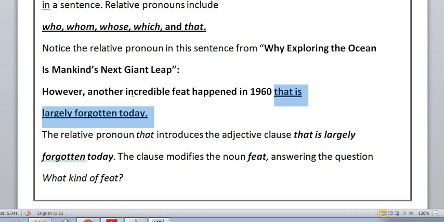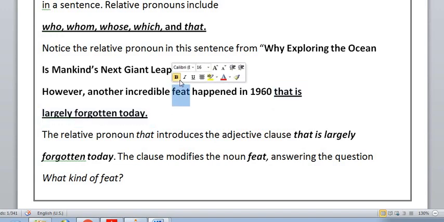However, another incredible feat. Yes, this is the noun. Happened in 1960. So there is only one noun here. This word, feat. All right? Feat is like some advancement or progress or large achievement. So, another incredible feat that is largely forgotten today. So this is a very large, important achievement that is largely forgotten today.